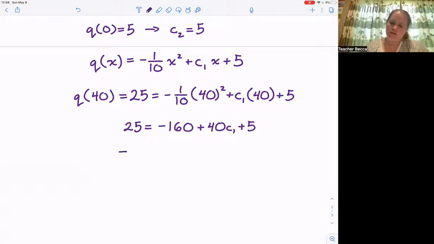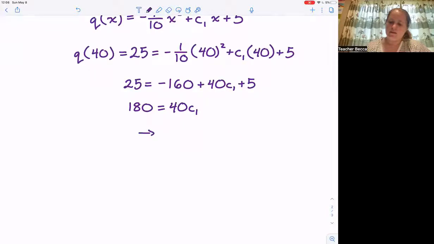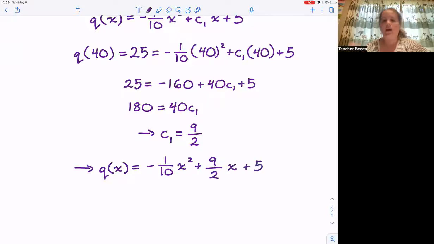Moving over the 5, we would have 20, and then adding 160, we have 180 is equal to 40 C1, or C1 is equal to 18 divided by 4, or 9/2. So we have our Q of x is negative 1/10 x squared plus 9/2 x plus 5.